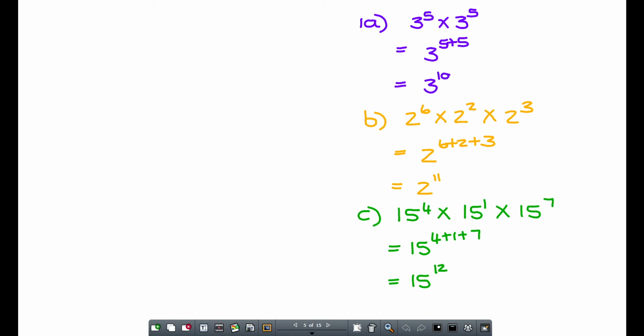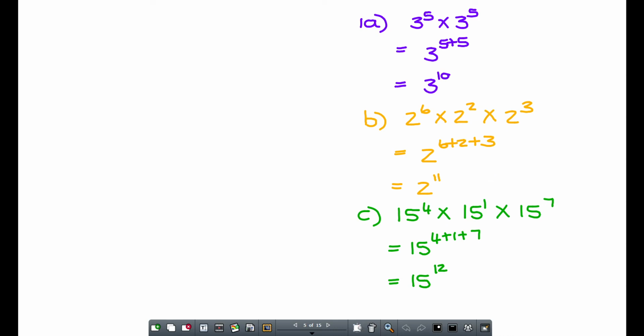Okay. Right, then at B, they all have a base of 2, and we're multiplying, which means that base will stay 2. There we go. And I'm now going to add all my exponents. So your final answer should be 2 to the power of 11. Okay.